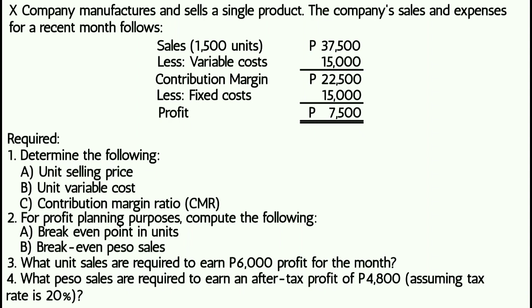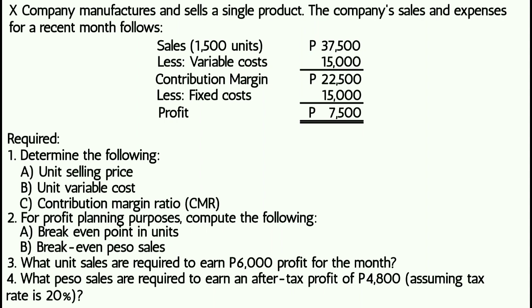A. Unit selling price, B. Unit variable cost, and C. Contribution margin ratio or CMR. Second, for profit planning purposes, compute the following. A. Break-even point in units, and B. Break-even peso sales.